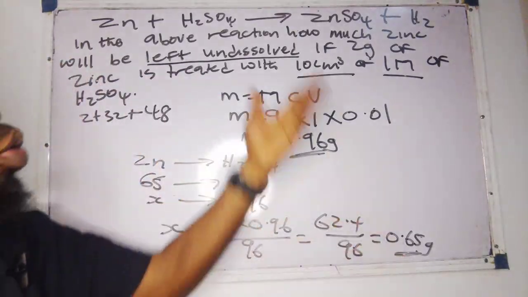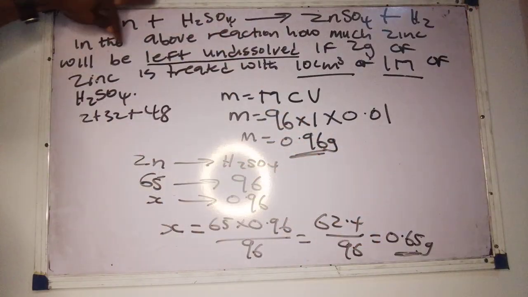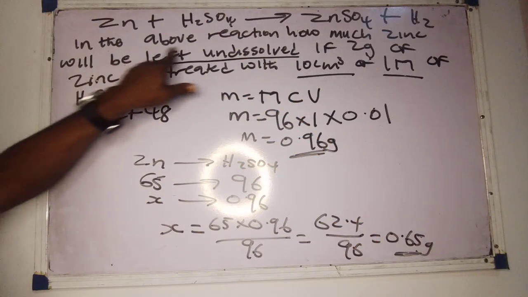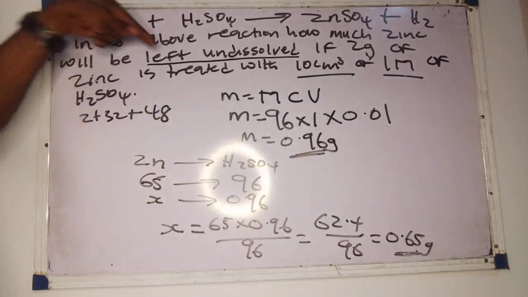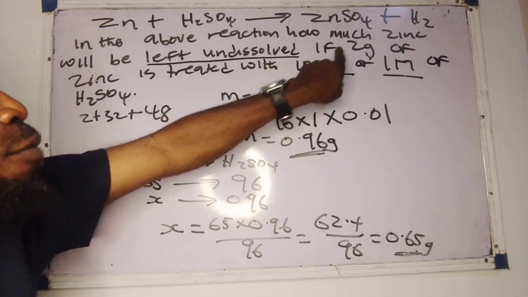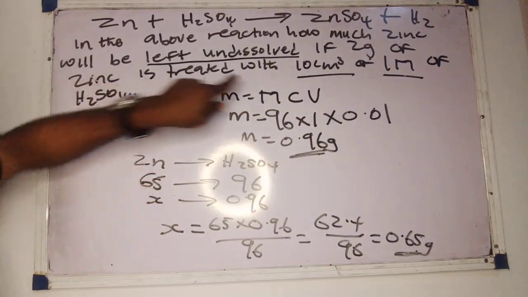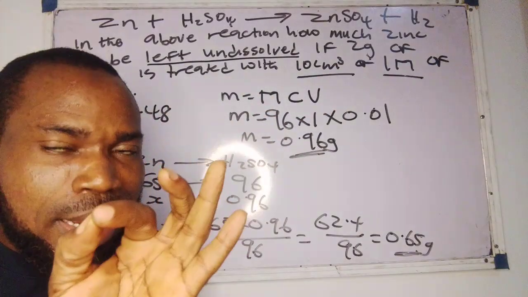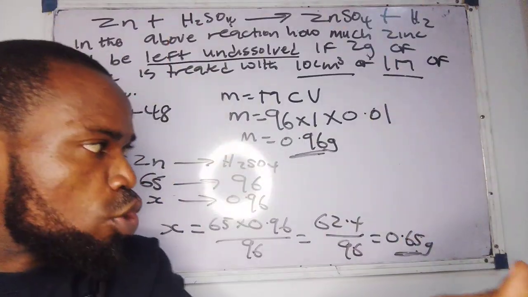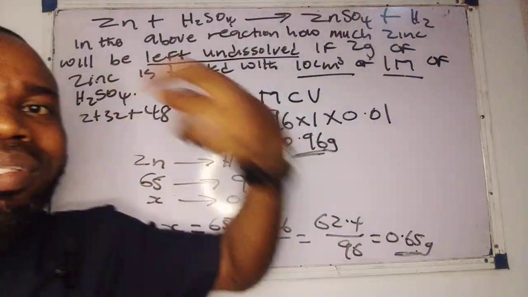Now they say we should look for the what? They said look at it, read it again. In the above equation, how much zinc will be left undissolved if 2 grams? Now this is the 2 grams that reacted with the H2SO4. But from the statement there, not all of it was able to dissolve. Now, what mass was left undissolved?